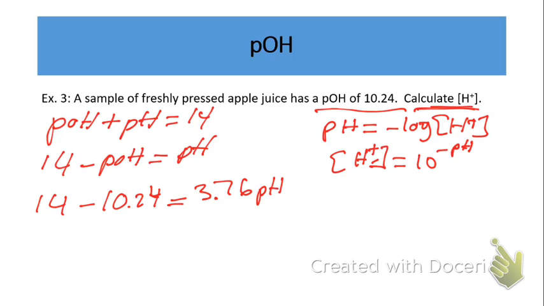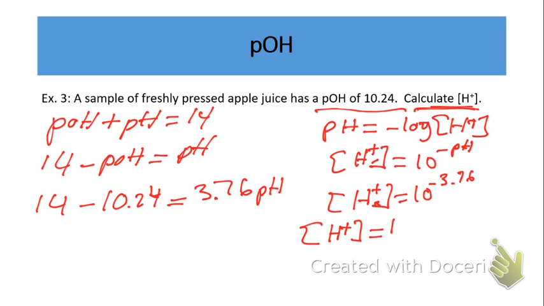What we can do then is solve by taking negative 3.76 inverse log, which gives us a value for the H plus of 1.74 times 10 to the minus 4.